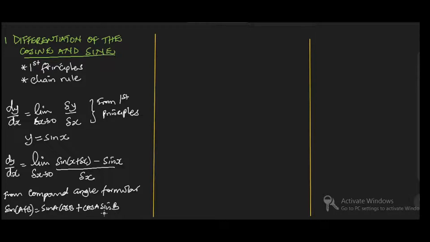This is from the compound angle rule. We also know the one for the cos, we shall look at it later, but let's focus on this one here for the sine.